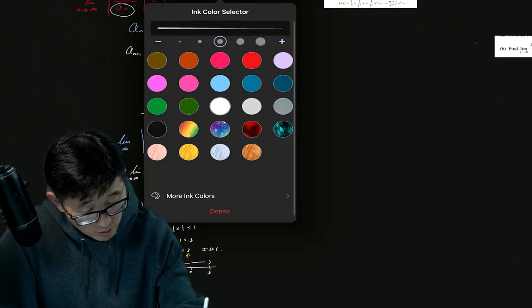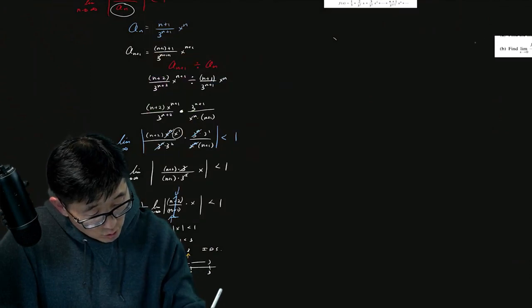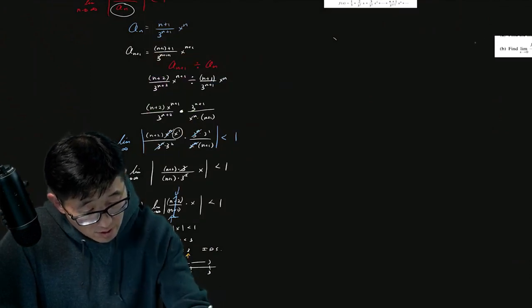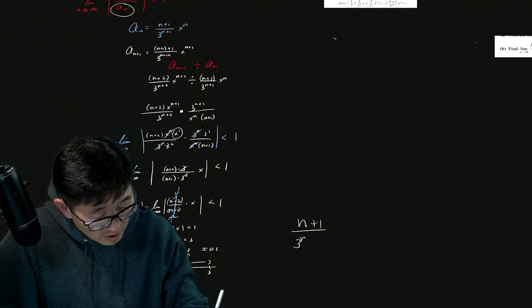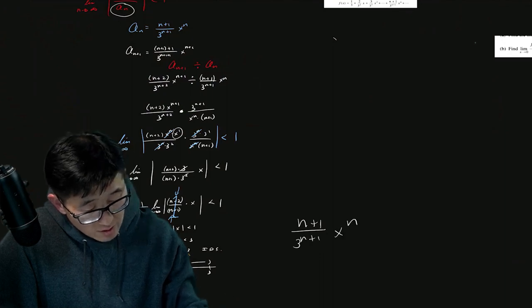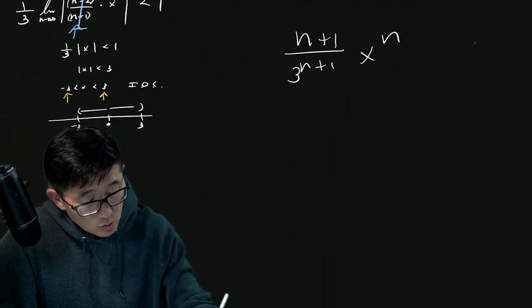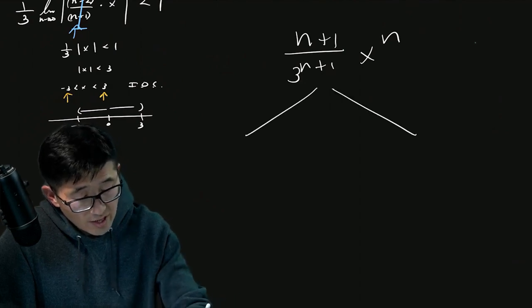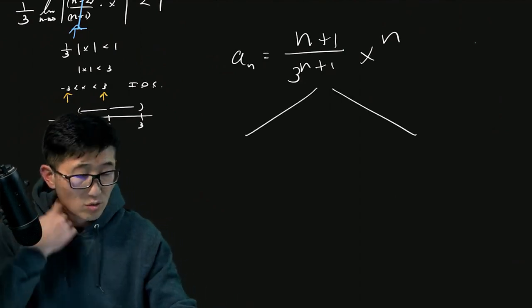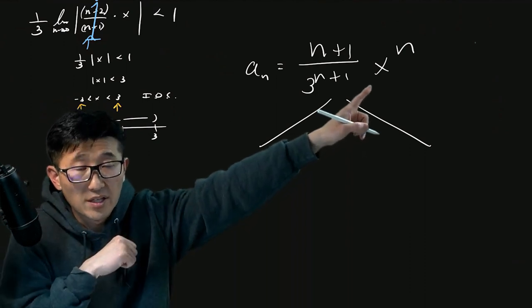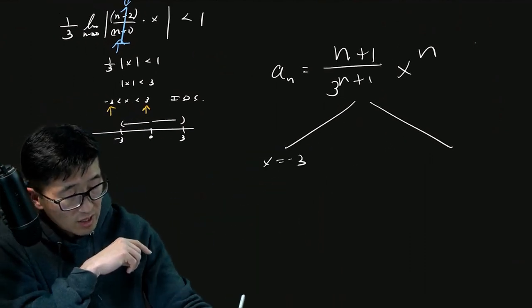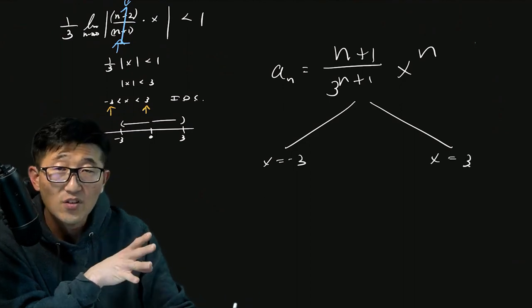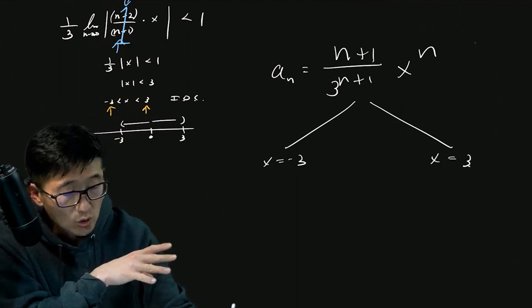Let's see. I'm trying to bring this down. So this would be (n plus 1) over 3 to the n plus 1, x to the n. Okay, so this is our a_n, right? Now that we can plug in an x value, we're going to first plug in x equals -3 and x equals 3, and then figure out if this series converges or diverges.